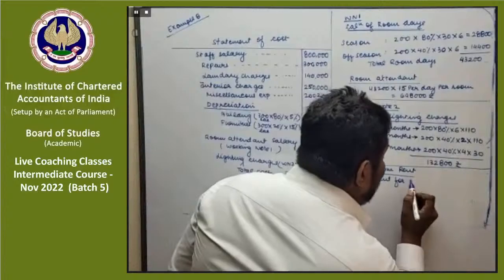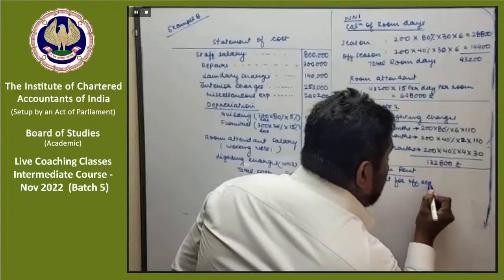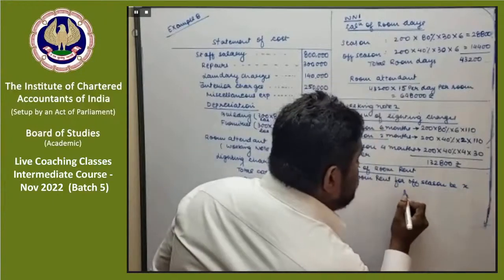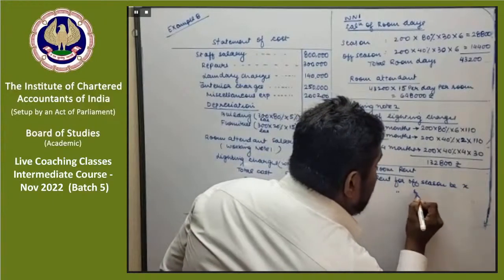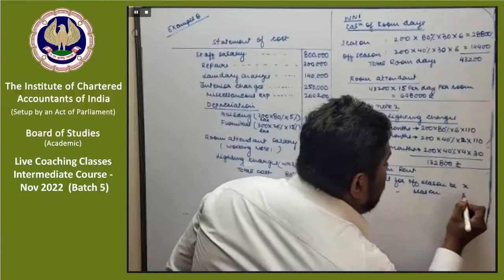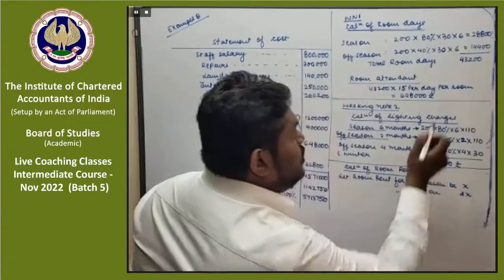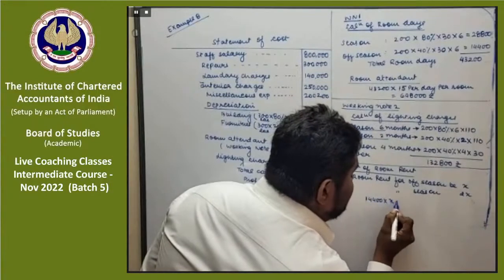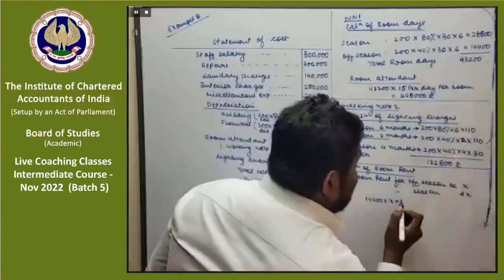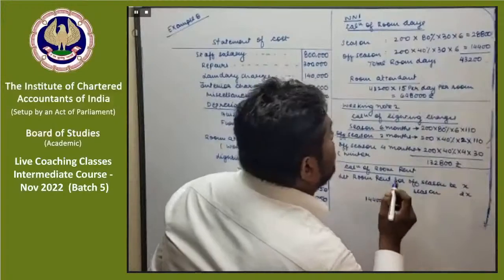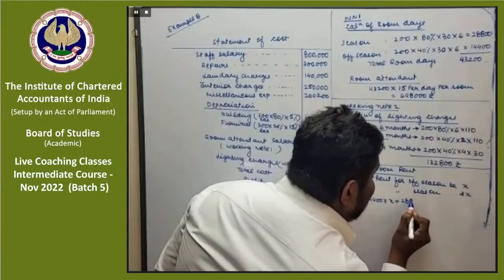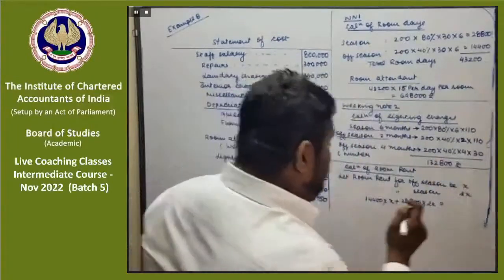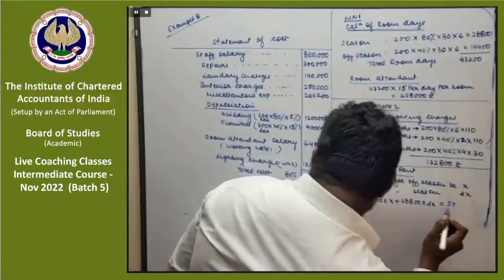Let the room rent for the off season be X. So for the season it will be 2X. So 14,400 into X plus for the season 28,800 into 2X. This should be equal to 57 lakh 13,750.